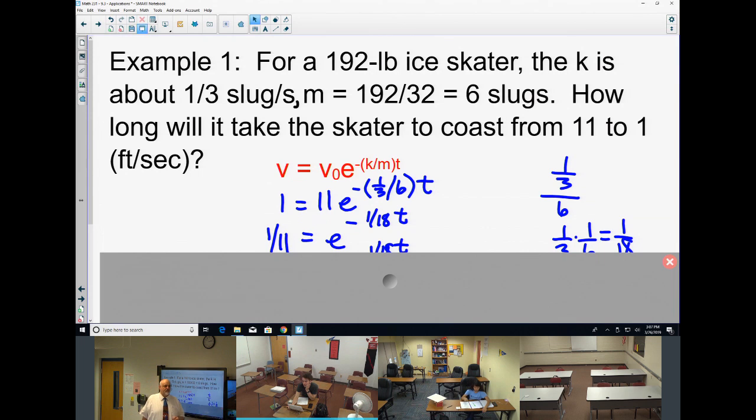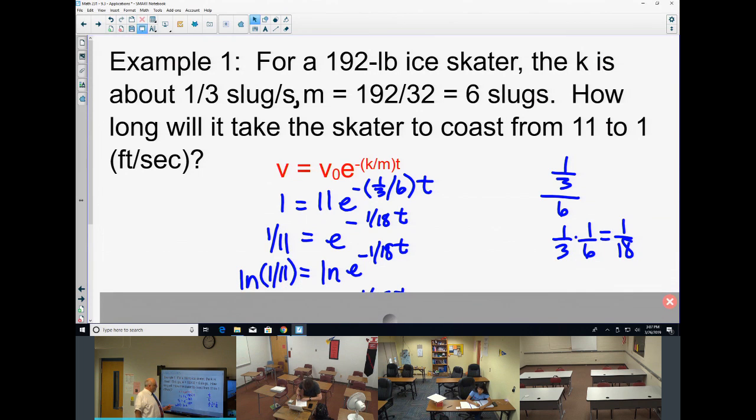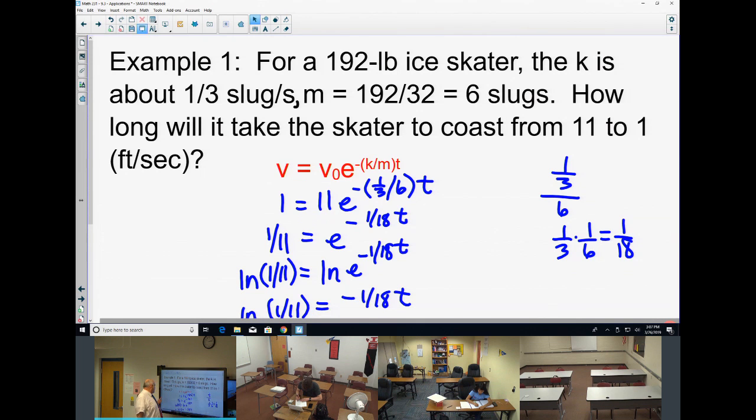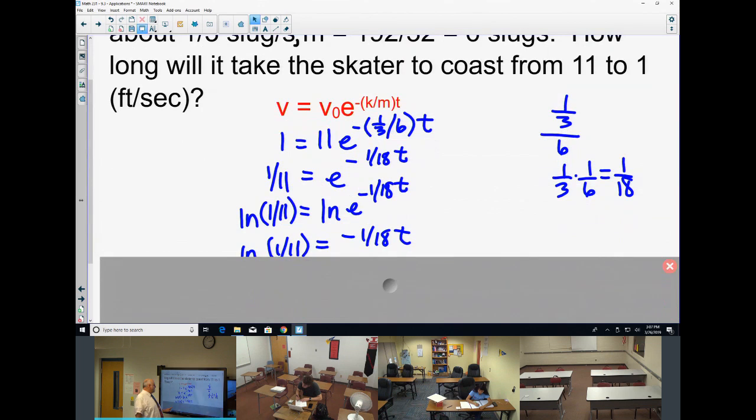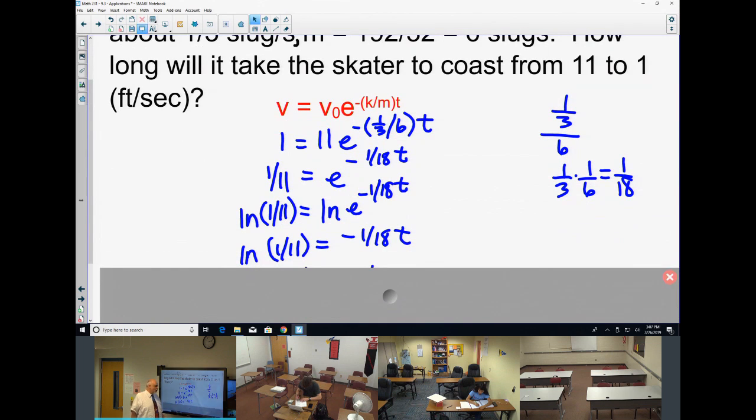Would you take the natural log of both sides to cancel it? You sure would. So then you'd get the natural log of 1/11 is the natural log of e to the negative 1/18 t. And then the natural log and the e cancel and your exponent comes down. So you get the natural log of 1/11 is negative 1/18 t.